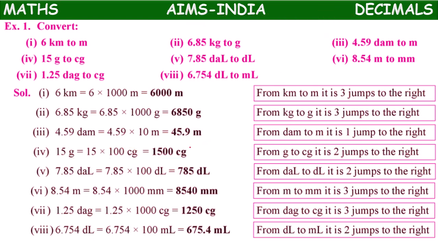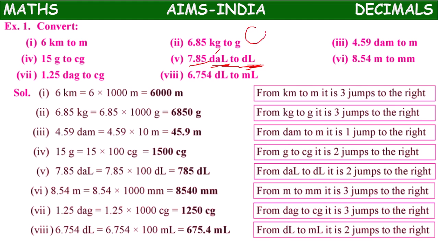So next, 7.85 decaliter to deciliter. Deca is bigger, deci is smaller.